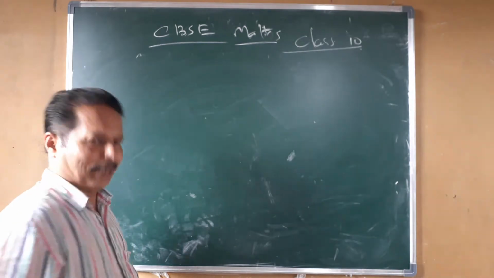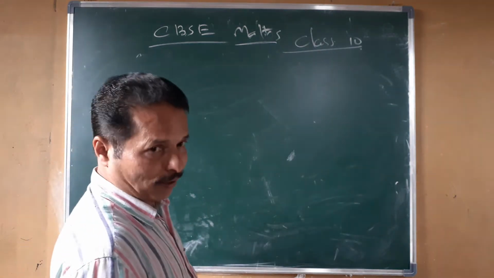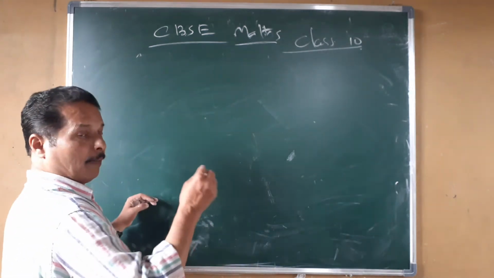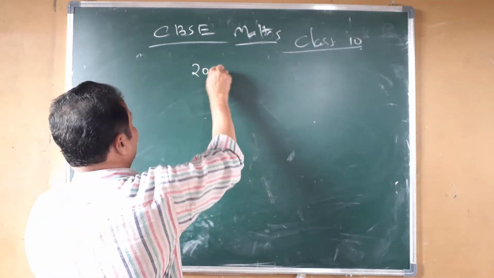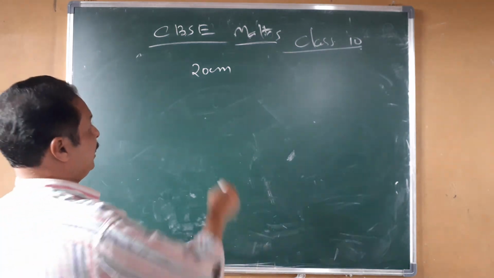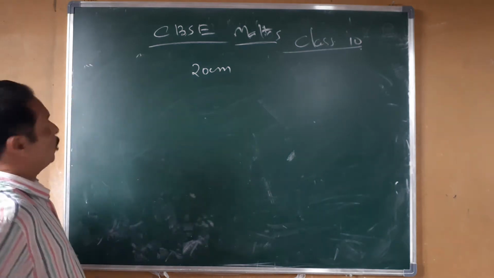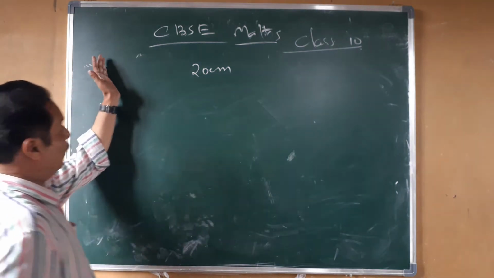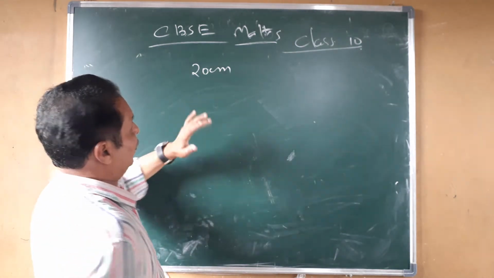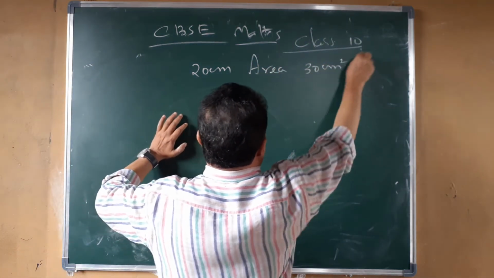Another question. When you write this, the perimeter of a rectangle is 20 centimeter, you write the statement in inverted commas: the perimeter of a rectangle is 20 centimeter and area is 30 centimeter square.